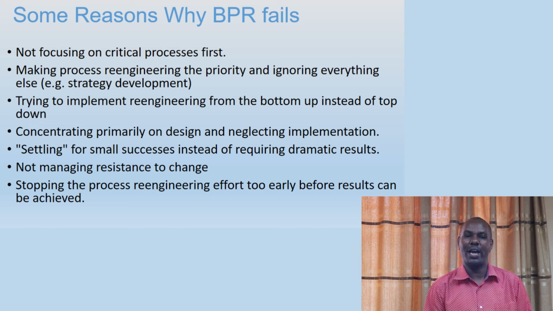You need to identify critical processes in our organization so that we are able to know how we can engineer them, how we can redesign them, with the intention of improving performance and also managing costs. Also making process engineering the priority and ignoring everything else. You cannot afford to ignore everything else. You need to consider strategic development in the organization, even as you do engineering.